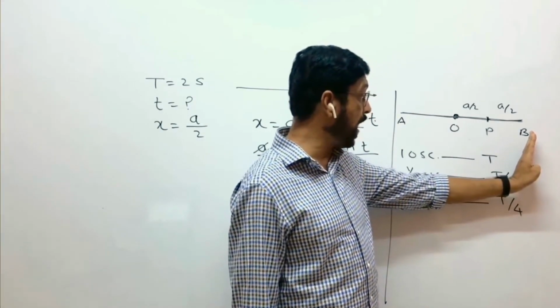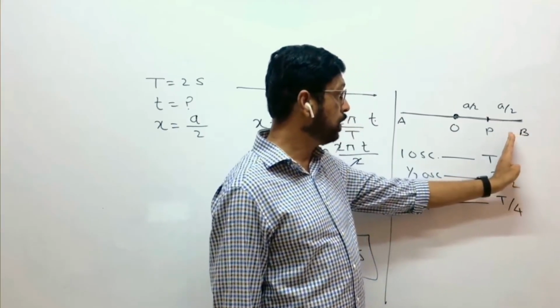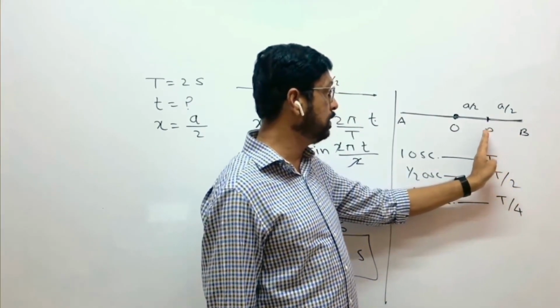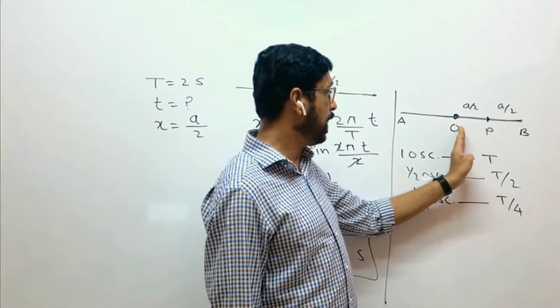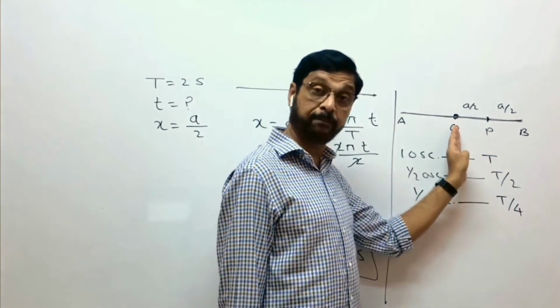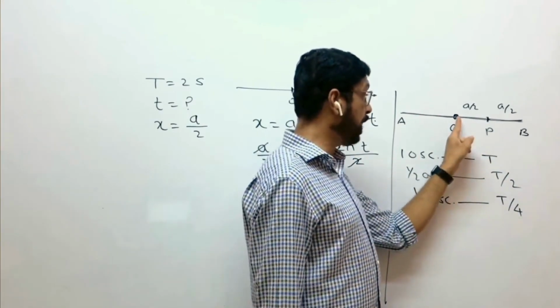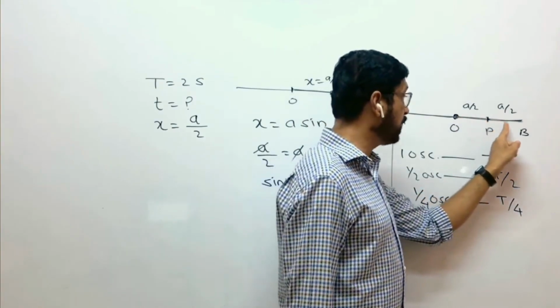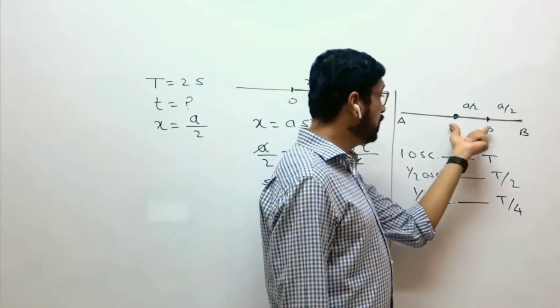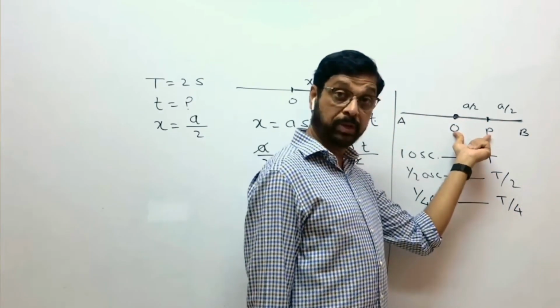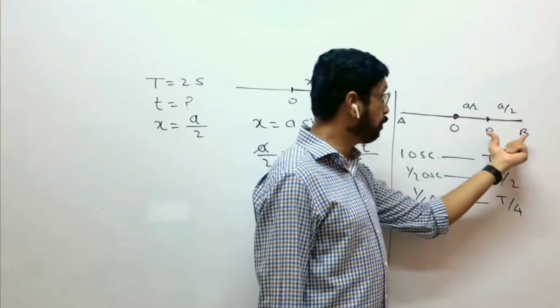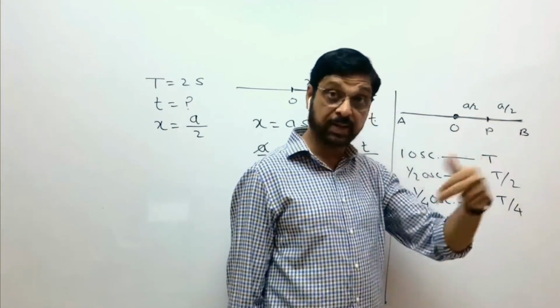Then it turns back, starts moving, speed goes on increasing, and when it reaches the mean position, the speed is maximum. तो यहाँ पर speed maximum है, कम कम होती जा रही है. Means from O to P, the speed is more, and from P to B, the speed is less.